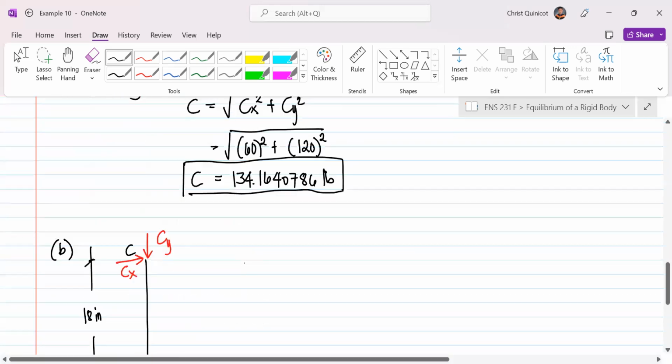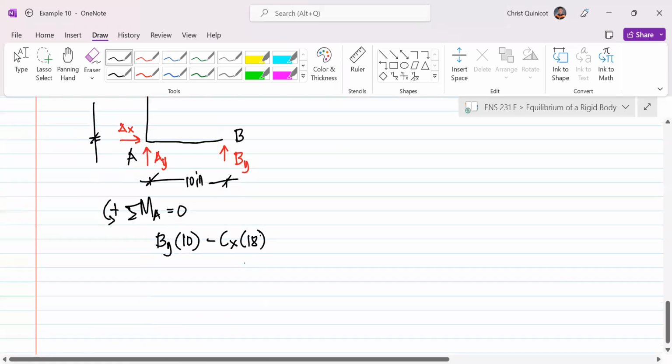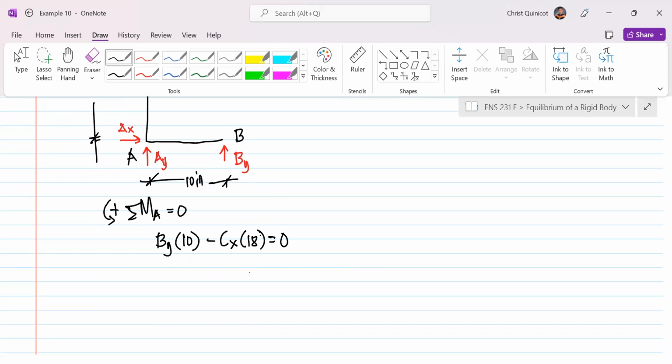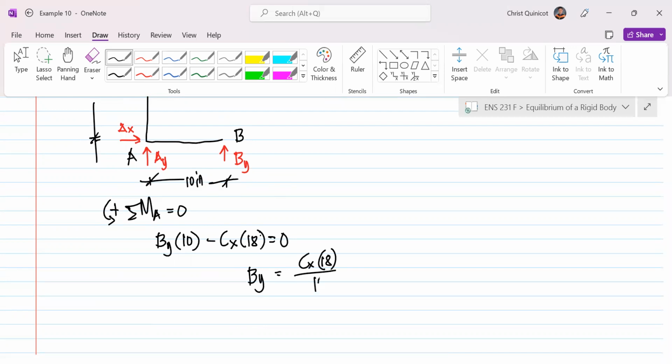And then, of course, we will not consider C sub y because the line of action of C sub y passes through point A. So that is equal to 0. Then B sub y is equal to C sub x times 18 divided by 10.